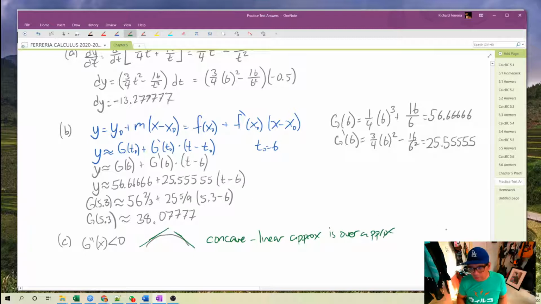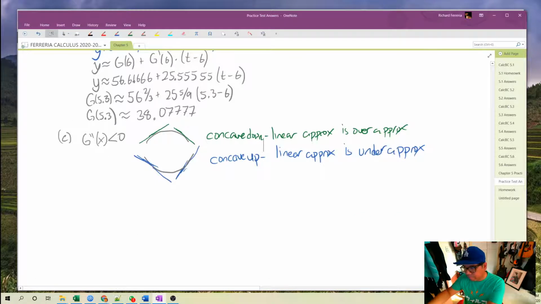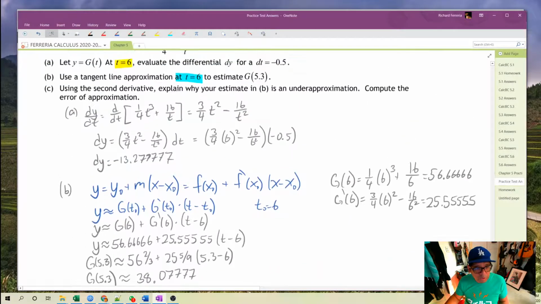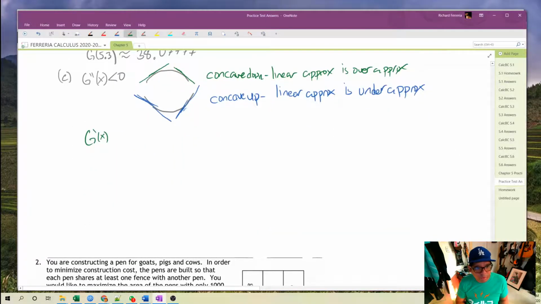Similarly, if we take a look at a concave up function, the linear approximation is an under approximation. Well, what does that say about our g double prime? Well, if g prime is equal to, and you'll have to forgive me, I'll go up there and grab that function. Where is g prime? Yeah, there it is. 3/4 t squared minus 16 over t squared.